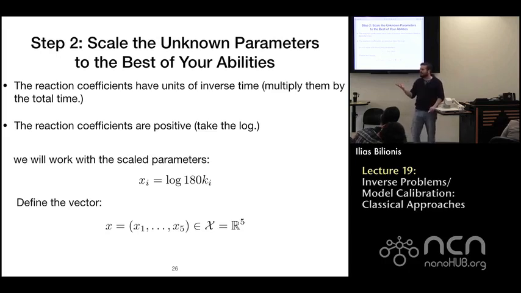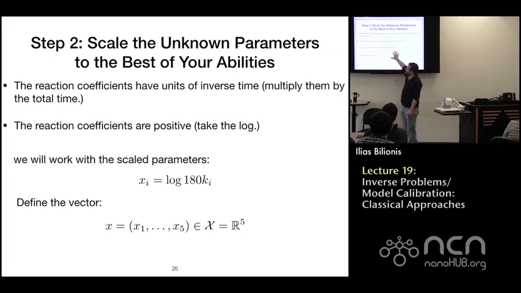It's still a positive quantity, and we don't really like positive quantities or constraints on the quantities when we solve optimization problems, because if you have constraints, you have to do constrained optimization, which is more difficult than unconstrained optimization. So we get rid of the constraint by changing from positive variables to just real numbers. How do you do that? You just take the logarithm. Is this the only way to do it? No. Is it the easiest? Yes. Okay?